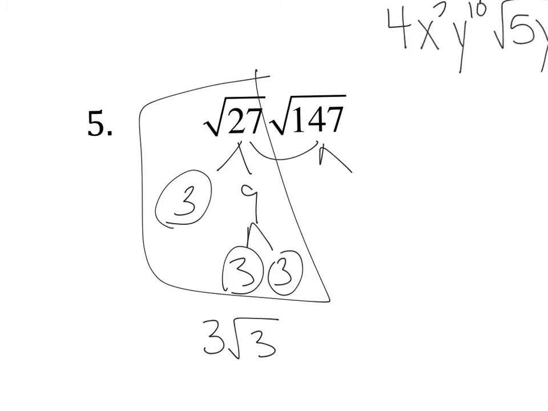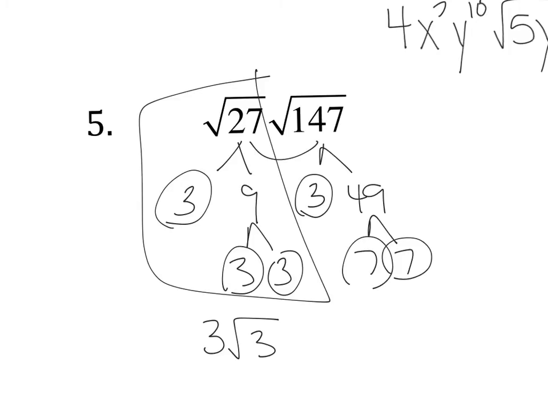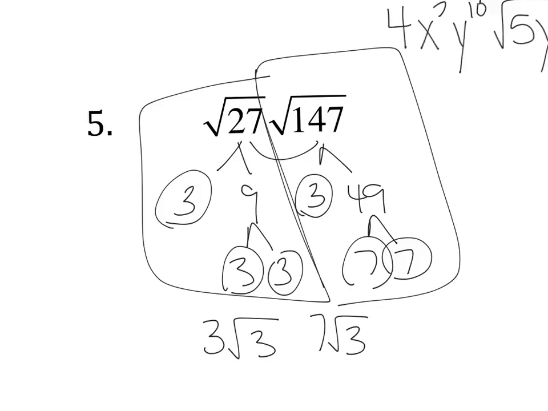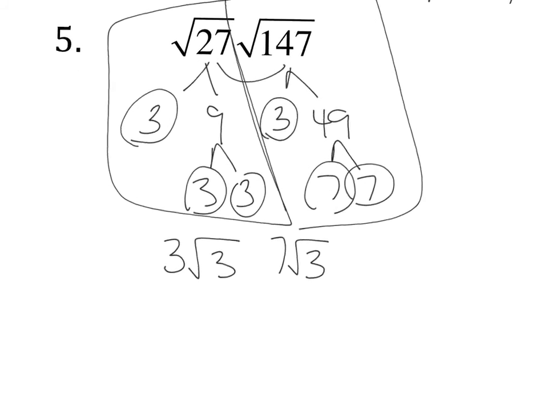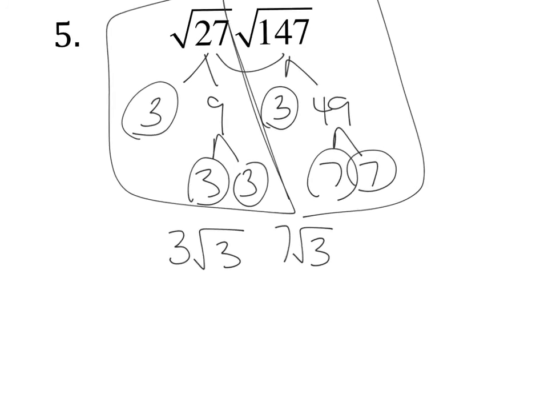The 147, 3 goes into it 49 times. So then we have 7 and 7. So this one ends up being 7 square roots of 3. Now what you end up doing is you take the whole numbers, the numbers on the outside, and multiply those.